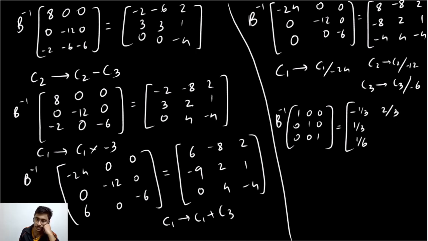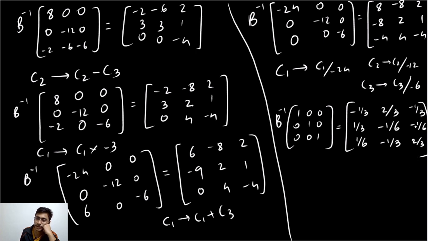Then what will we have here? 2 divided by 12, 2 6 are 12, so minus 1 by 6, and 4 3s are 12, so it will be minus 1 by 3, and what will it be here? 2 3s are 6, so it will be minus 1 by 3, then 1 6 are 6, so it will be minus 1 by 6, and 2 2s are 4, 2 3s are 6, so it will be 2 by 3 over here.